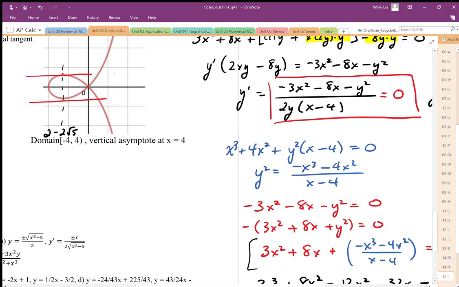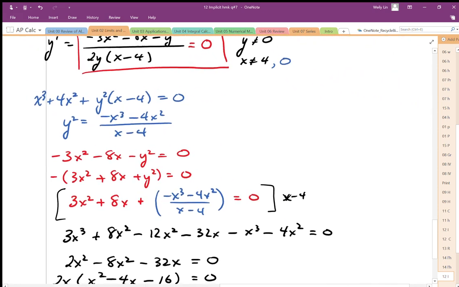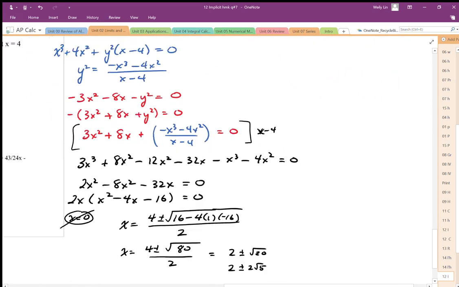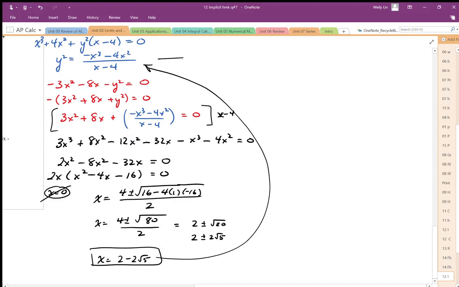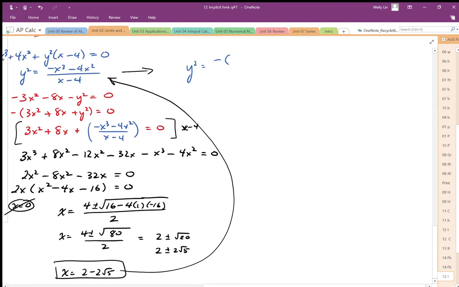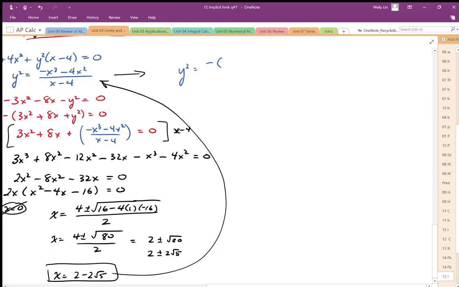So then we need to find those two y coordinates. Well, we can find those two y coordinates by substituting back into my system of equations. So there's my solution. I'm going to plug it back into there. And so I end up with y squared is equal to negative, I'm just going to factor the negative out, it's going to be x cubed.